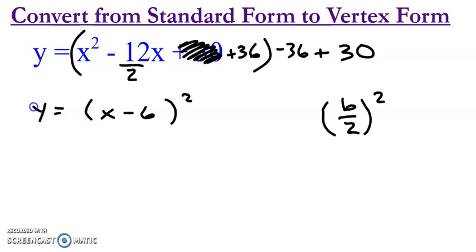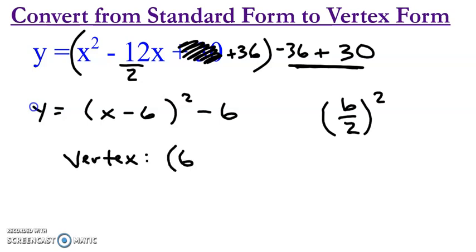And so I'm going to combine that with the initial c value that I was given in the equation. And so -36 plus 30 is going to give me -6. So then if we're asked for the vertex, we have a +6 from inside our parentheses there, because it has to be opposite. And then the -6 at the end tells me the y value of my vertex.